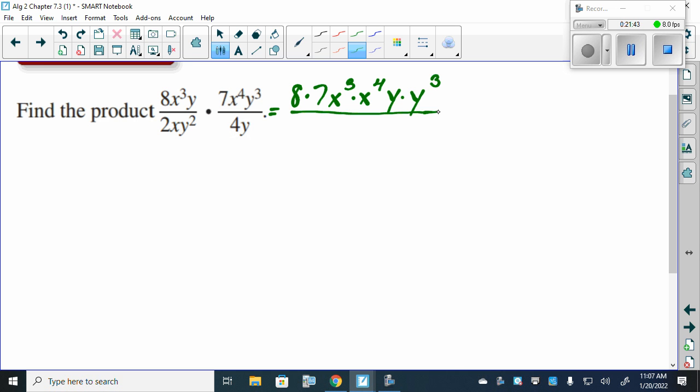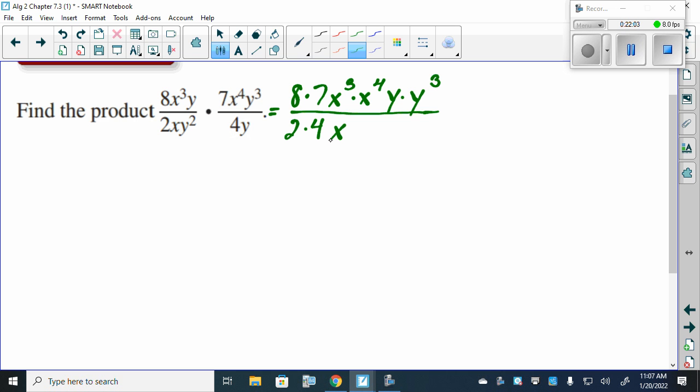And at this point here, I'm just rearranging them so we have the like terms that will be multiplied together next to each other. On bottom, we would have our 2 times 4, because those would be multiplied together, our numerators. Well, we only have one x out of all of it.